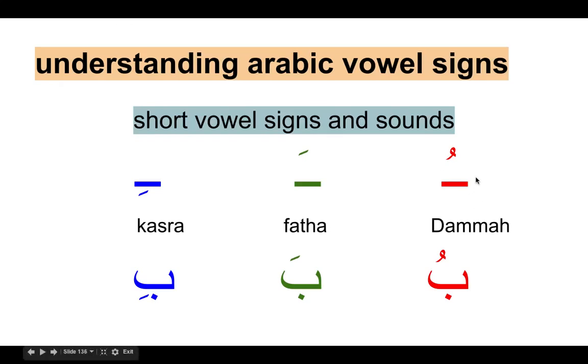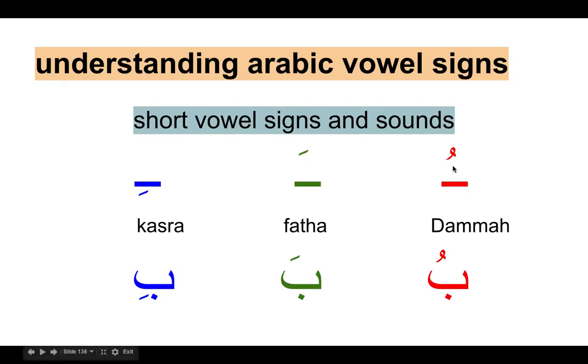These signs, we have what is called a sign of Dhamma, Fatha and Kasra. These are called short vowel signs and they're short sounds. For example, if it is written in a word, it is pronounced as bu, like a short burst, ba, bi.